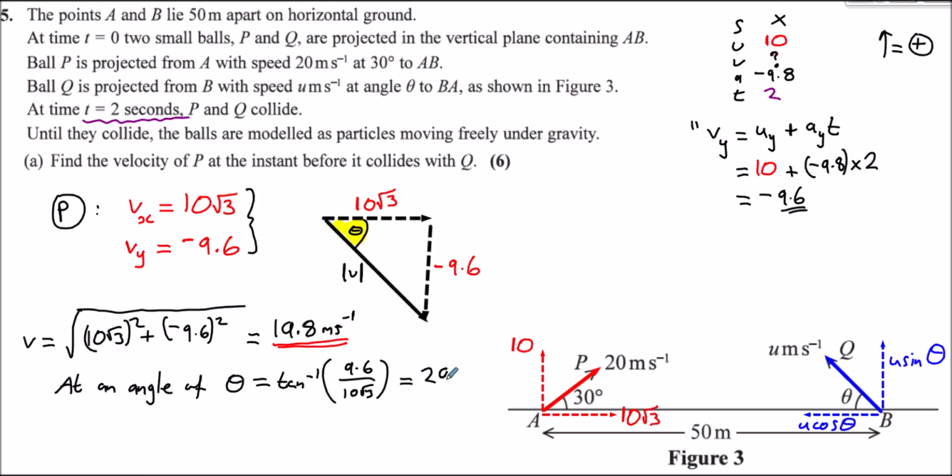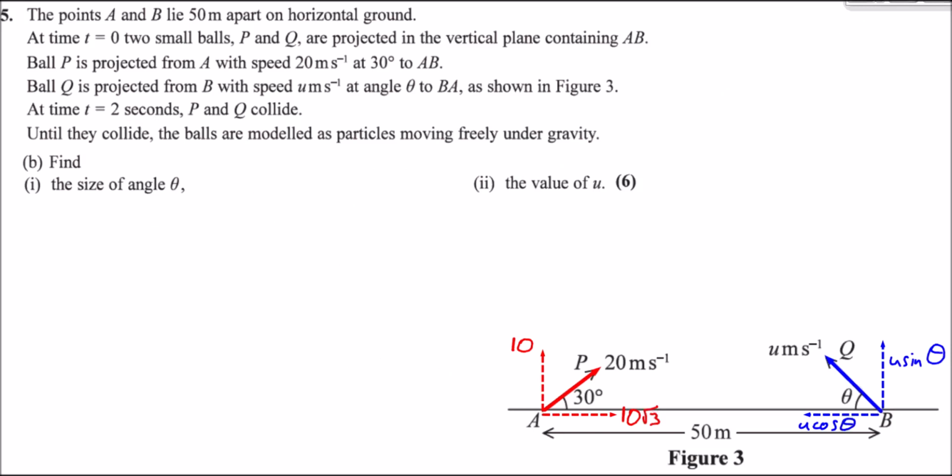So it's an angle of theta, which is 29 degrees below the horizontal. So I've given the magnitude of the velocity, and as well I've given the angle. So therefore I've satisfied everything I need to answer part A fully.